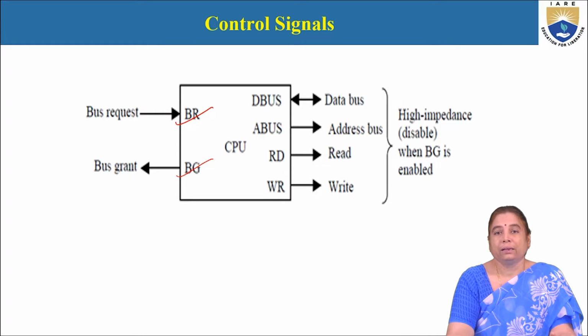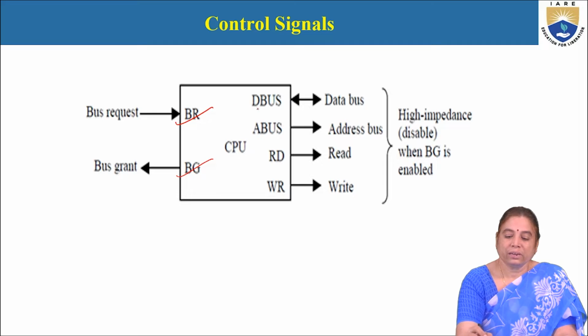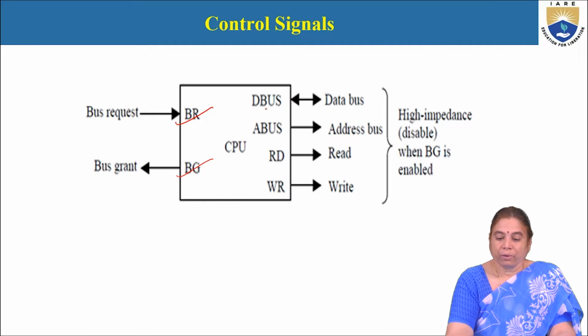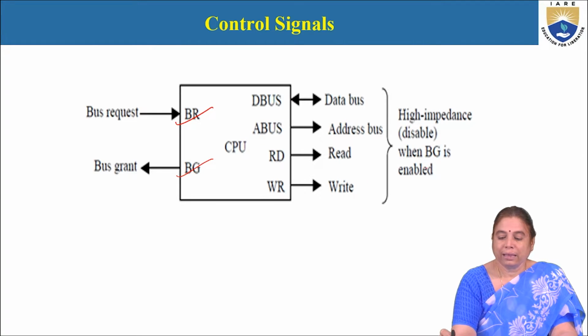So the peripheral that requires the attention of the CPU, and wants to access the memory directly without the involvement of the CPU, can raise a bus request signal to the CPU. As soon as the CPU observes the bus request signal, it has to keep the remaining lines in a high impedance state.